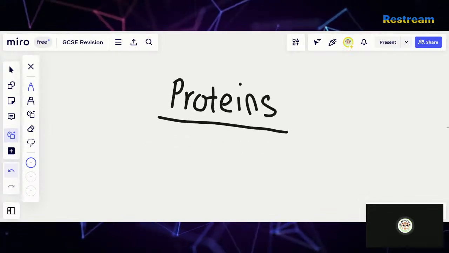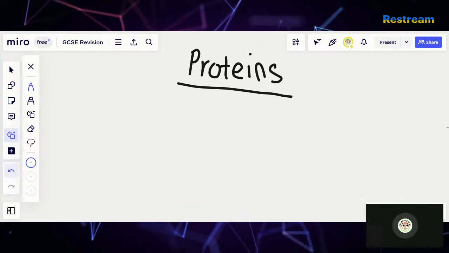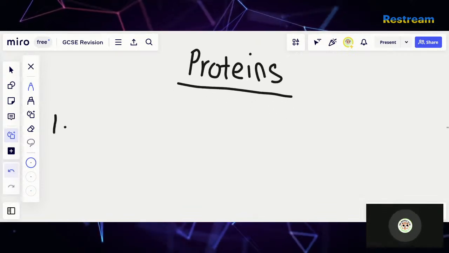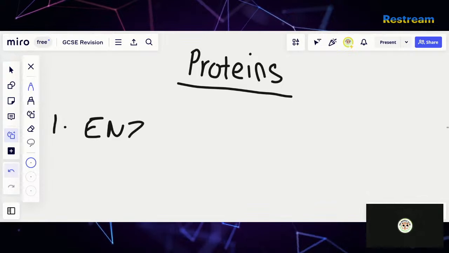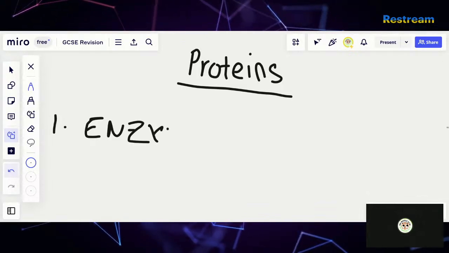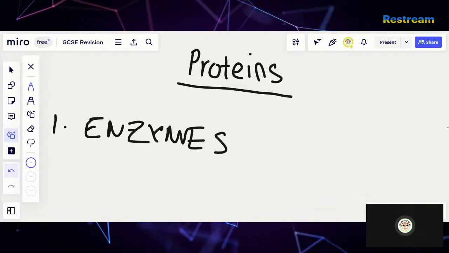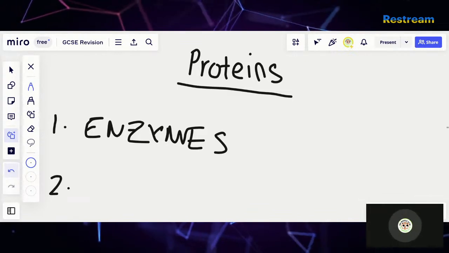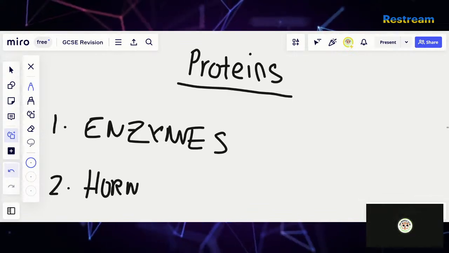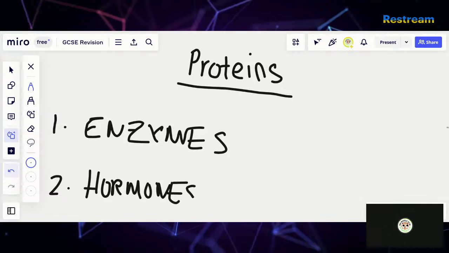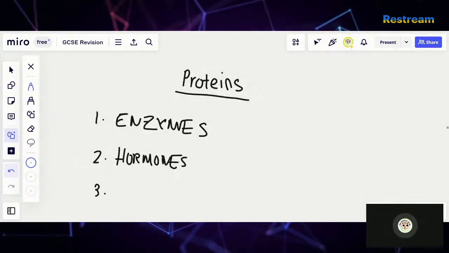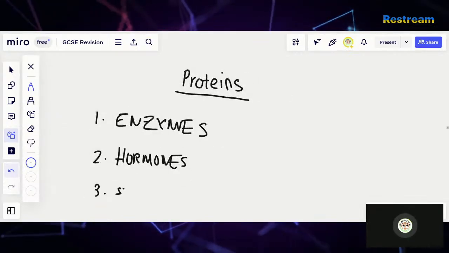Proteins have different functions. Firstly, one function could be for enzymes. Another function is for hormones. And another is for structural proteins.